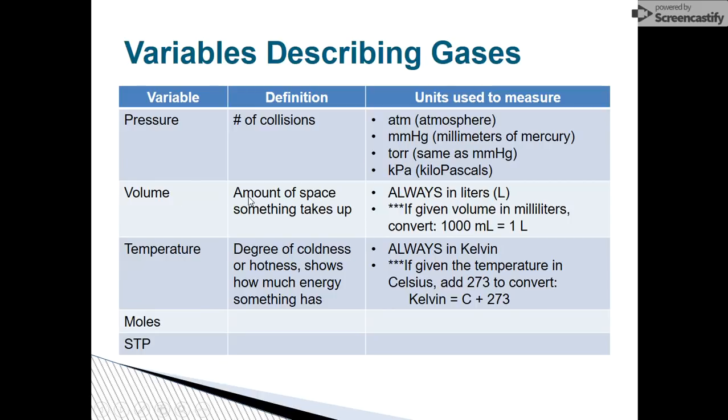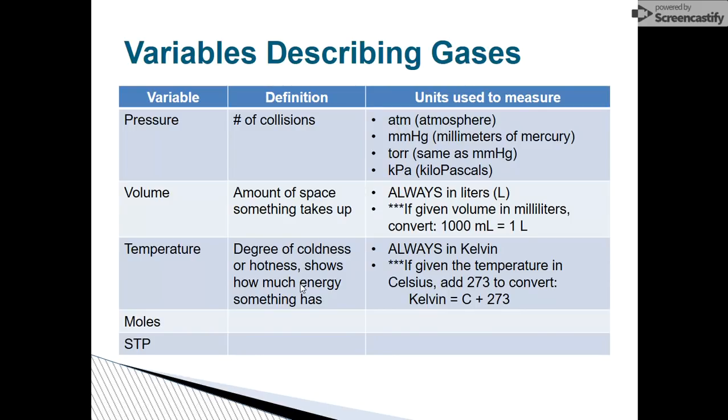The volume is the amount of space something takes up, and we're always going to measure that in liters. If you're given milliliters, then you're going to convert and know that every 1 liter is 1,000 milliliters.